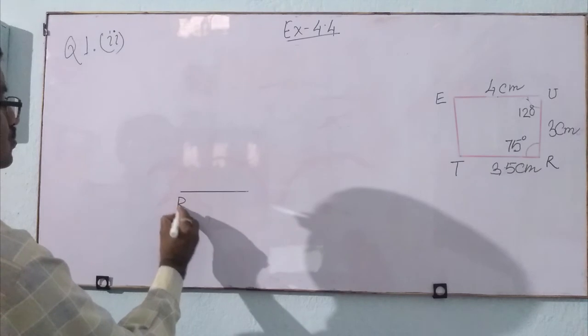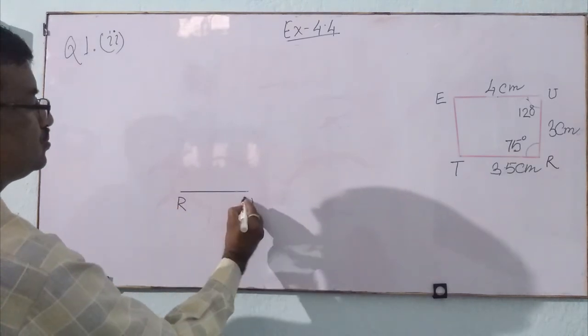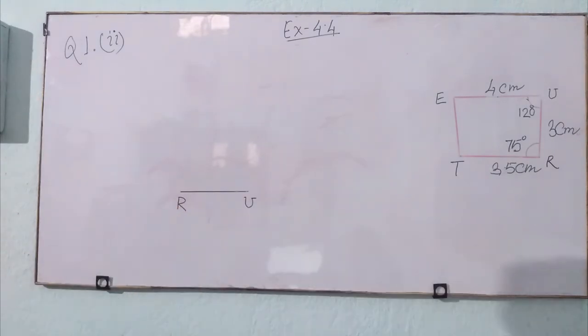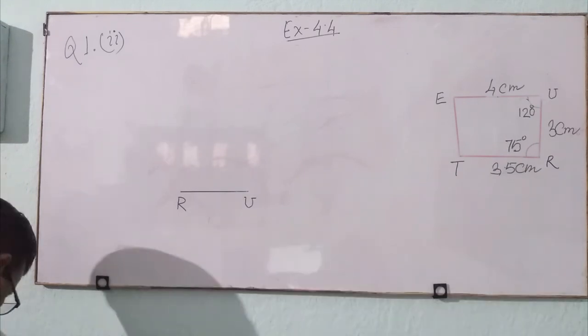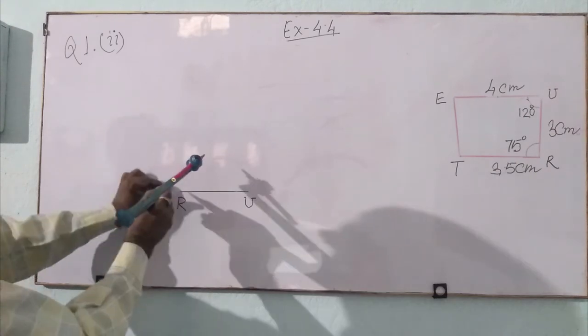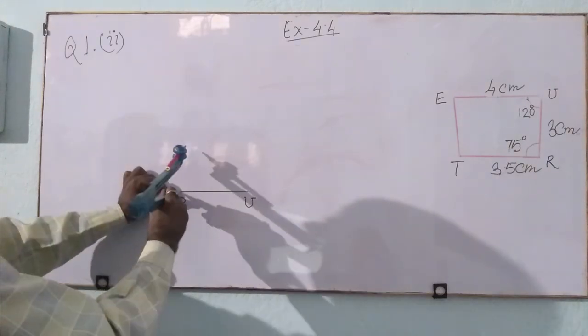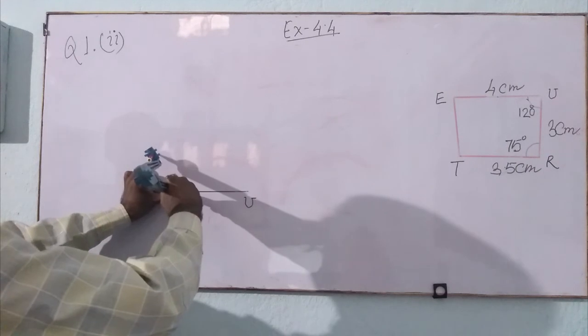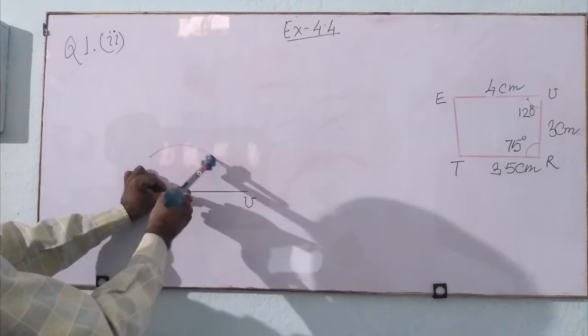At point R, construct an angle of 75 degree. For that you have to use your compass.